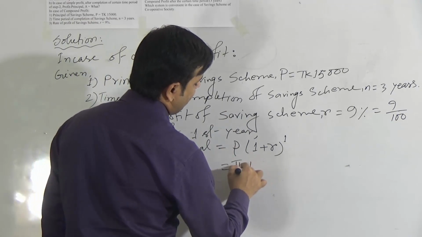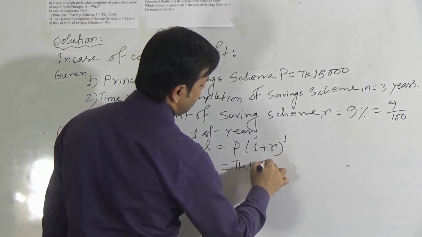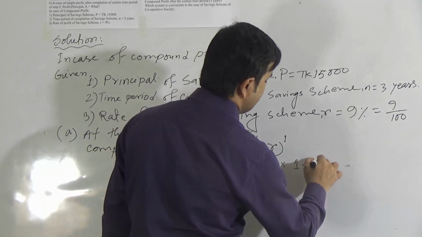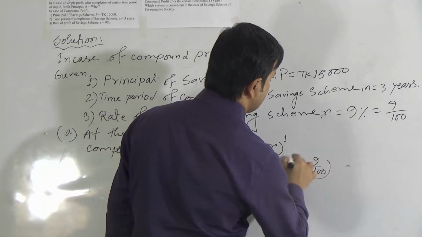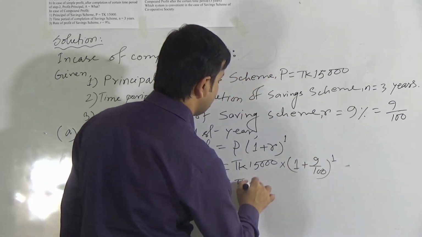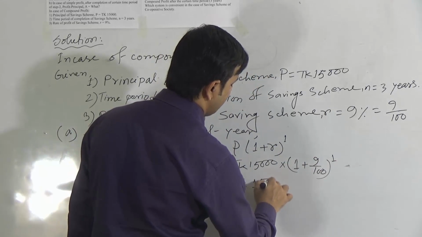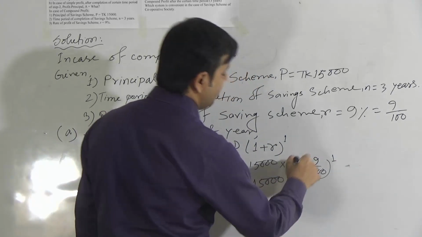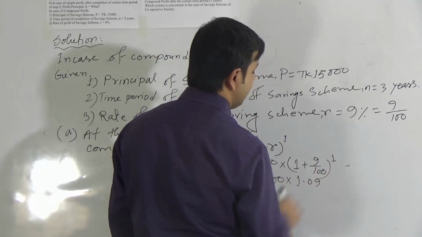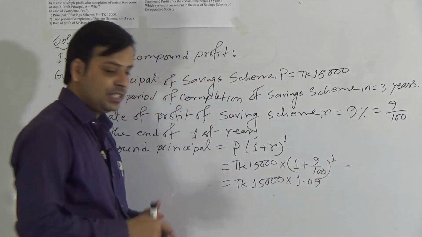P means 15,000. Here 1 plus R means 1 plus 9 by 100, which is 1.09.